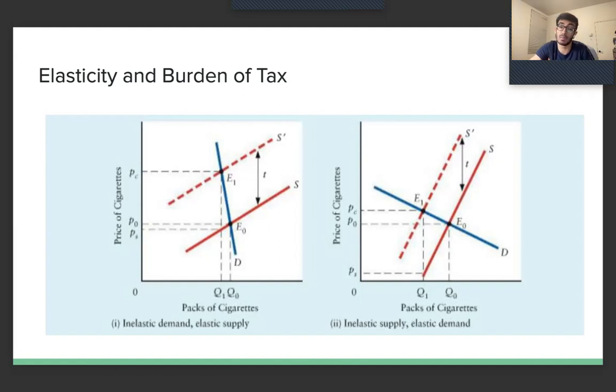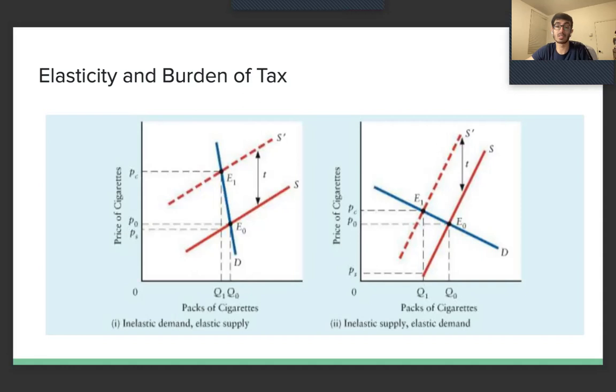Even if there's a large change in price, the demand for the consumer doesn't really change by that much, right? Because the consumer doesn't have, let's say, a lot of available substitutes in the market, or for some other reason. So you know that a big price change will not induce a similar magnitude of change in demand.